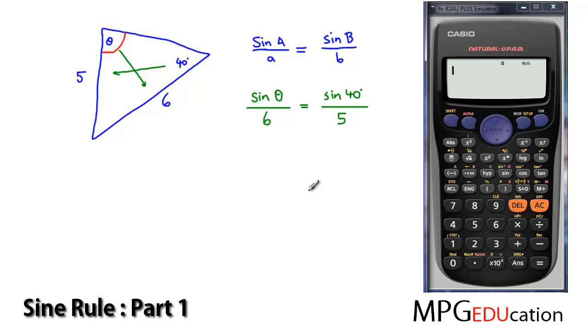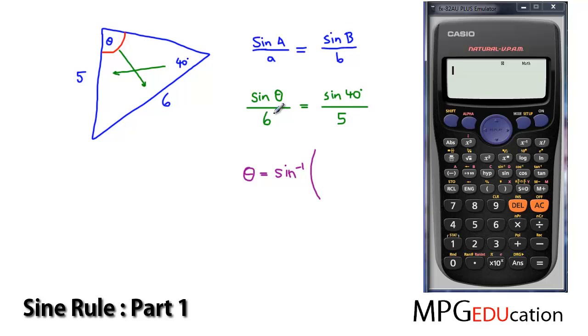Okay, from here, because we are finding an angle, our next algebraic step: theta is equal to sine to the minus 1 in brackets.